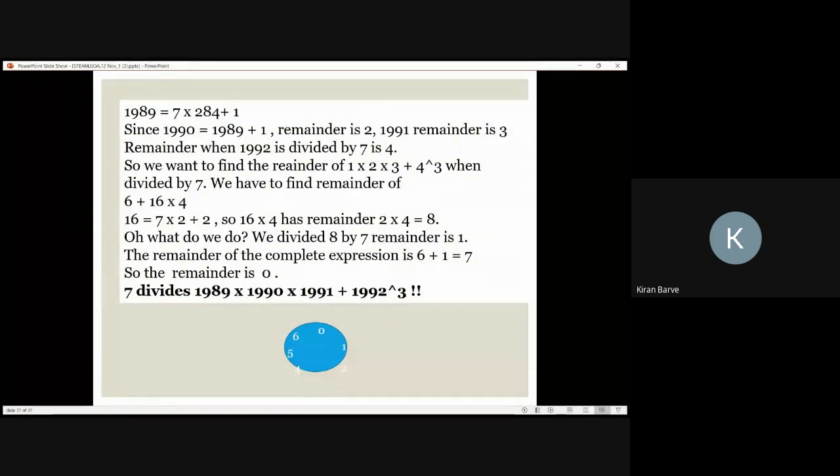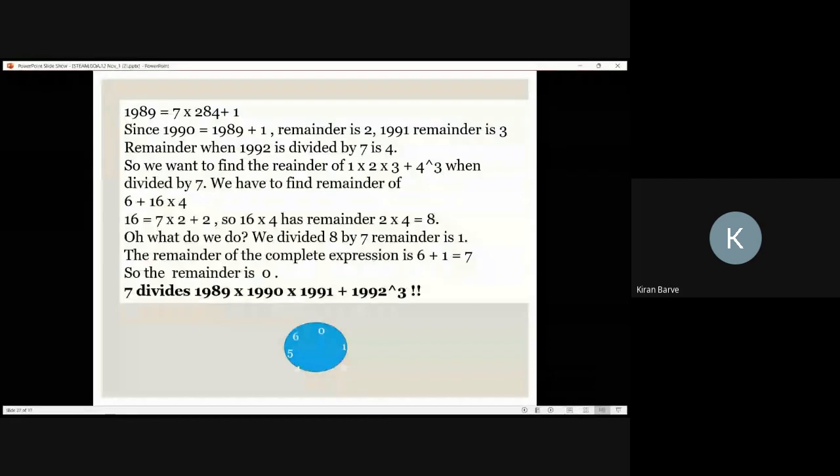Is it okay for you? If 1989 gives me remainder 1, 1990 will also give me remainder 2. Okay? And 1991 will be giving the remainder 3.